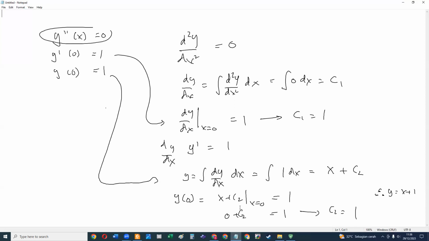If we have the boundary conditions or initial conditions, we will be able to find those constants until we get to the original function. We can repeat this process for larger derivatives of x, let's say the third, fourth, or any number of derivatives, as long as we find out the value of the derivatives at a particular point, we can always find the constant. This is question number 1.